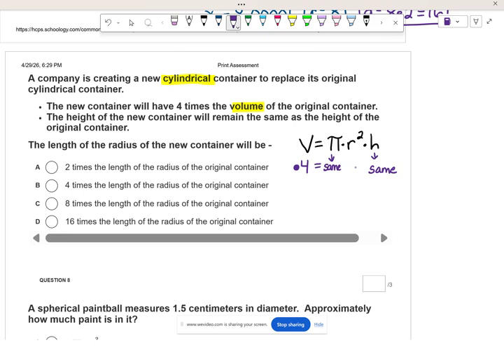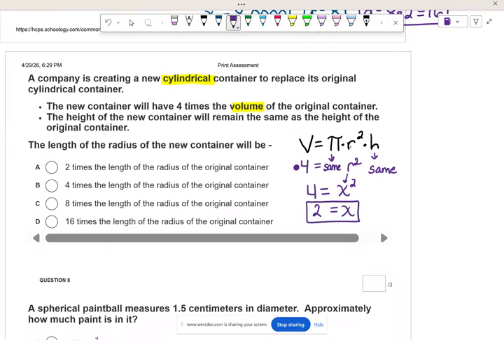So the only thing that could affect the volume being multiplied by 4 is the value of the radius squared. So basically what this comes down to is an equation that we could solve. 4 equals x squared. Y'all, I want to go type this in Desmos, so I changed my R to an X. If you go type that in, you would get x equals 2.